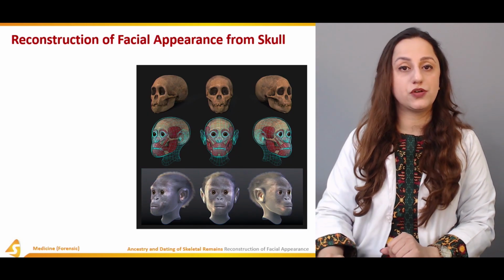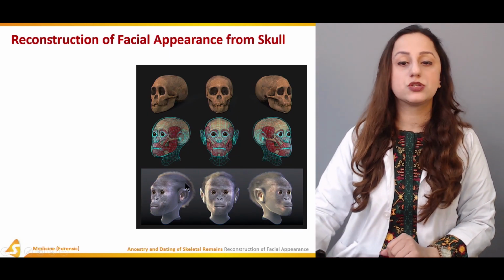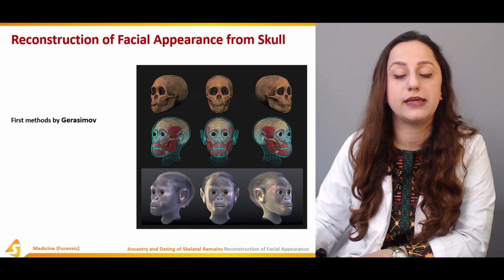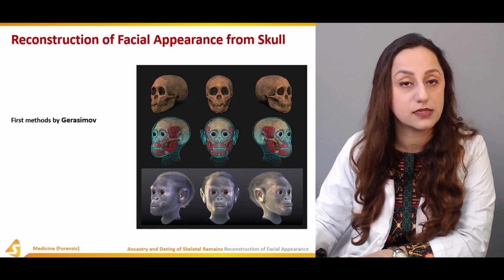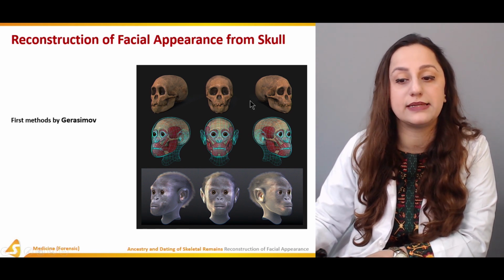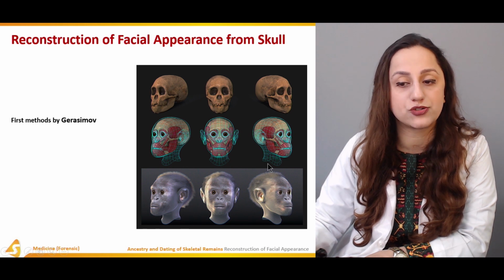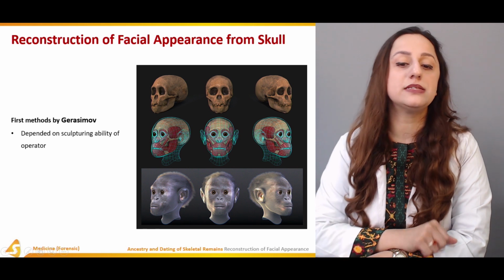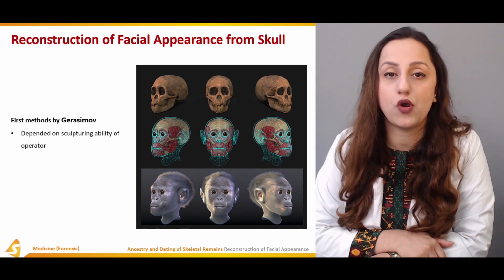Now, the reconstruction of the facial appearance from the skull. This shows the reconstruction that depends upon the methods of Gerasimov. It's a method that is identified. This is a manual method that is being followed, and it depends upon the sculpturing ability of the operator.